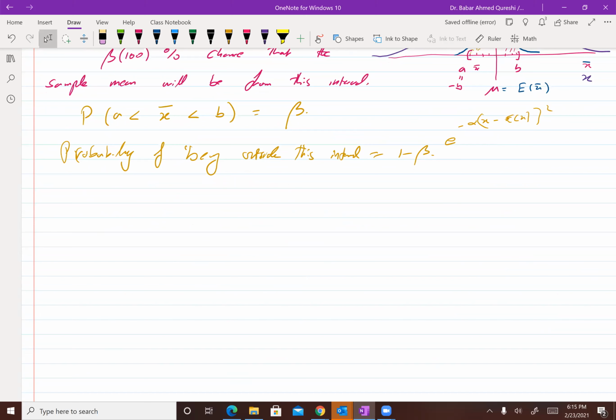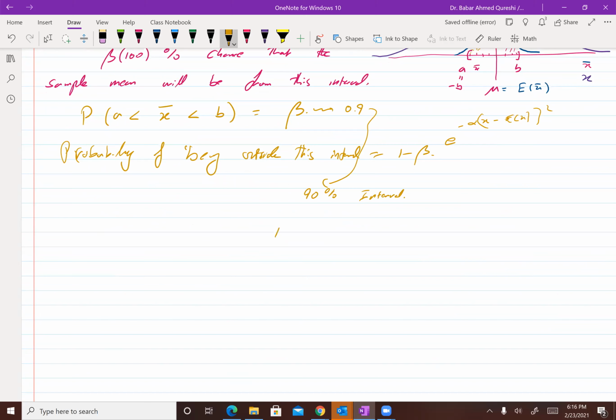So this beta is usually chosen, let's say for example, 0.9, then you will call it a 90% interval. I'm not yet calling it a confidence interval. I'll call it that in a moment.